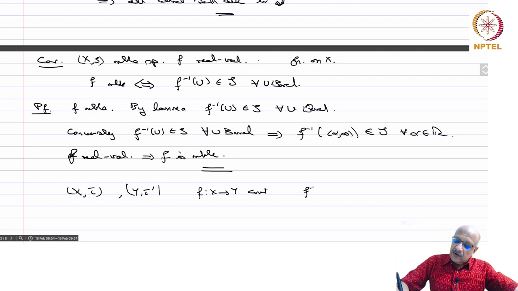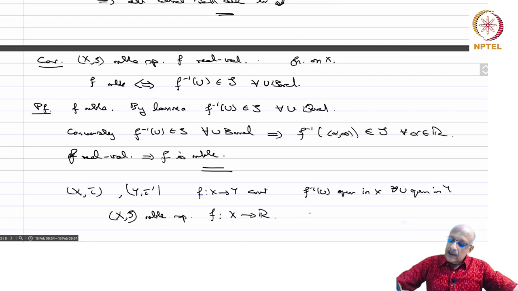That means f inverse of U is open in X for all U open in Y. So similarly for measurability we have (X, S) a measurable space, and f a real valued function, and on R we take the Borel sigma algebra B1, and then the inverse image of every Borel set is a measurable set. That is what we are saying. So just like the definition of continuity.